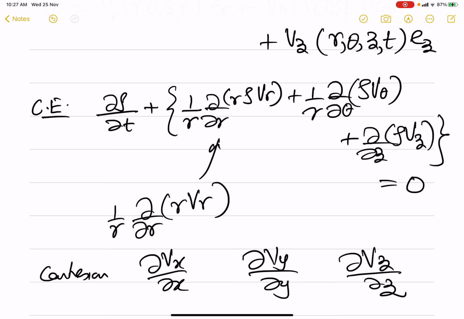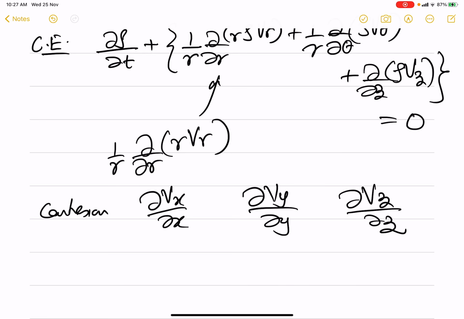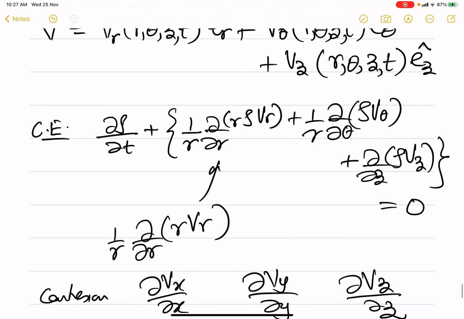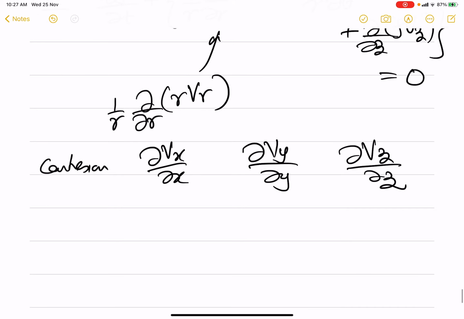And similarly, in the V theta term you have an extra 1 over r sitting outside, and once more you may think of this as making it dimensionally consistent. So this extra term comes when we use the continuity equation, and for incompressible cases all the rhos will go out. So this is one thing.